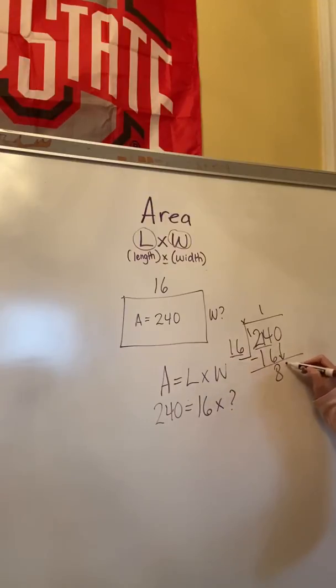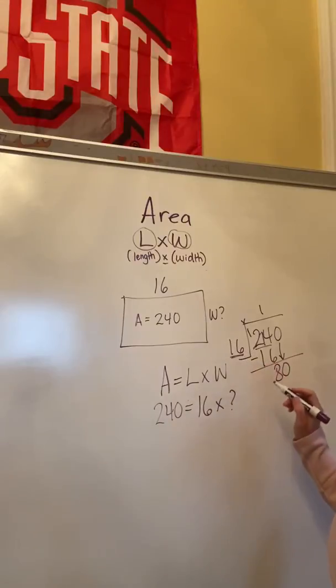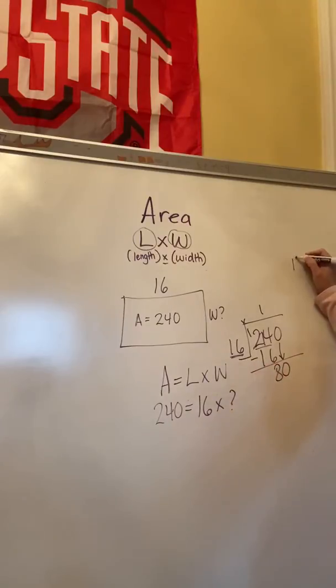Now we have to come back to the beginning, see how many times 16 goes into 80. Well, we don't know that offhand, so we have to try. I would say 3. Let's try 3 to see. 6 times 3 is 18, 3 times 1 is 3 plus 1 is 4, it's 48. Nope, let's try 16 times 5.